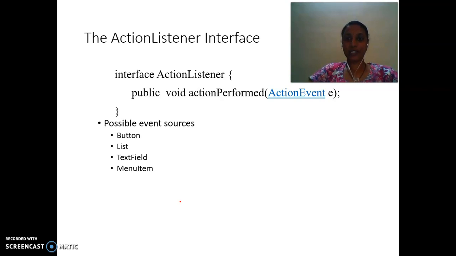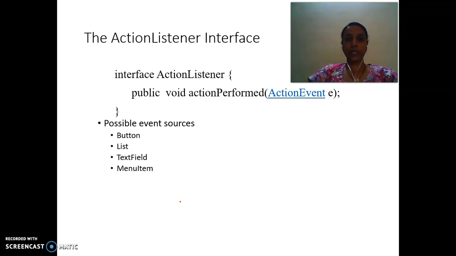And this action listener interface is going to have a method implemented inside the program whichever is implementing this interface. Okay, now roughly you can see the definition of this action listener. What is the definition of the action listener? Interface ActionListener, public void actionPerformed, and then ActionEvent small e.